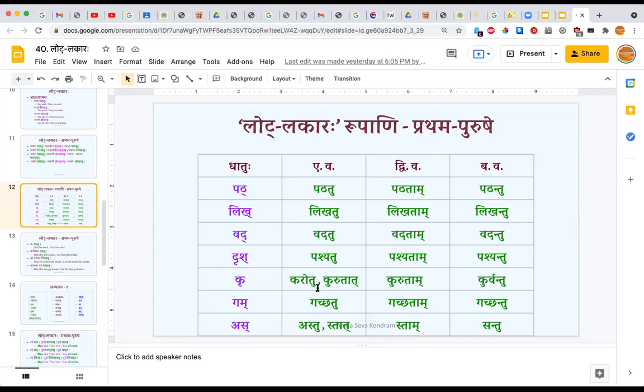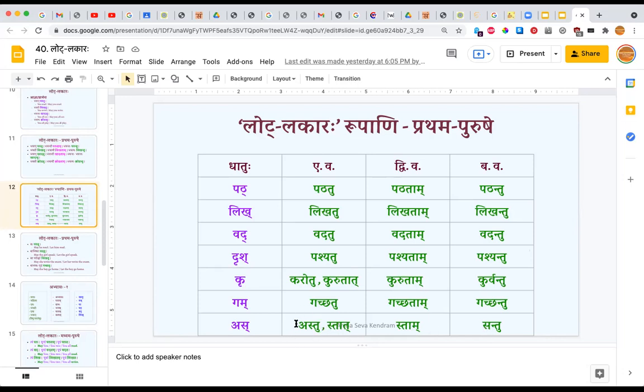Kru dhatu: karotu, kurutam, kurvantu. Karotu has an alternate form, kurutat. Gam dhatu: gacchatu, gacchatam, gacchantu. As dhatu: astu, or alternative form astat, astam, santu.